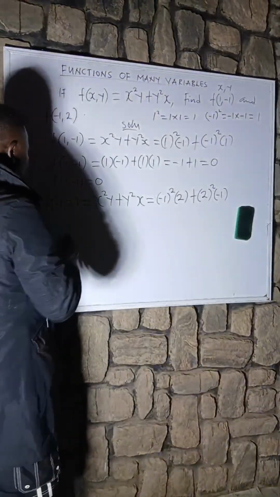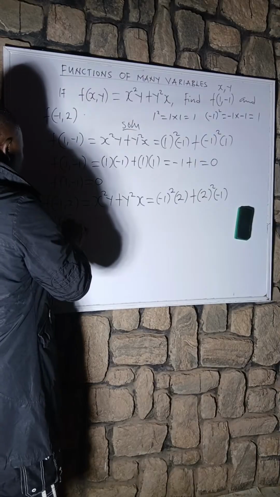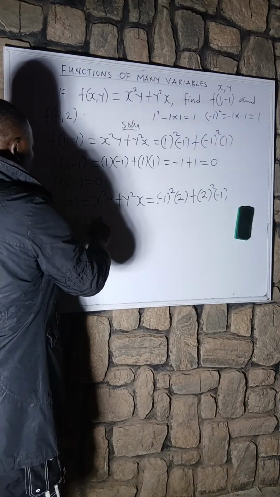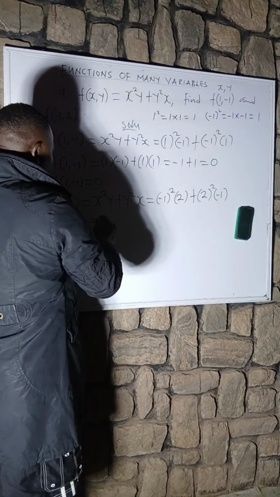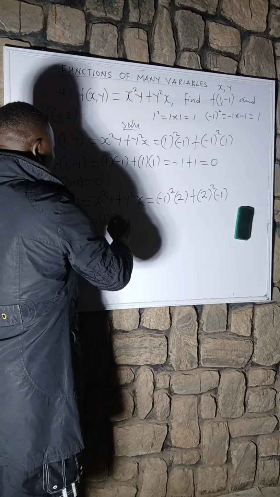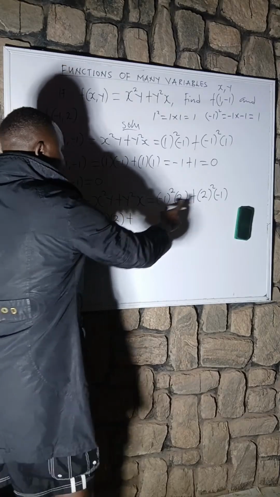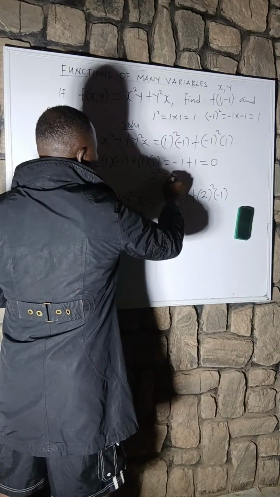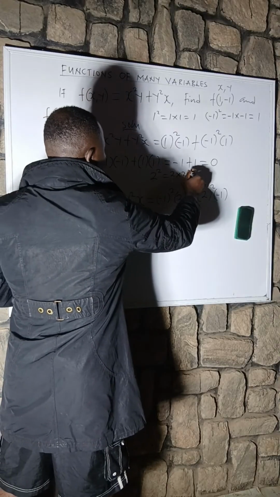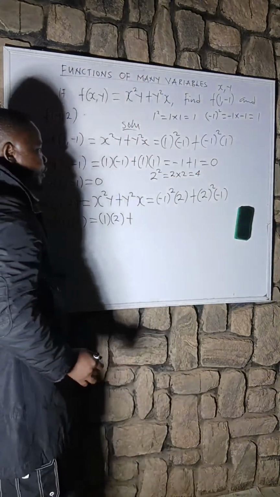So far, so good. Our f of minus 1 comma 2 is equal to, this one will give us 1 times 2, plus this one will give us 4, because 2 squared is 2 times 2, which is 4.